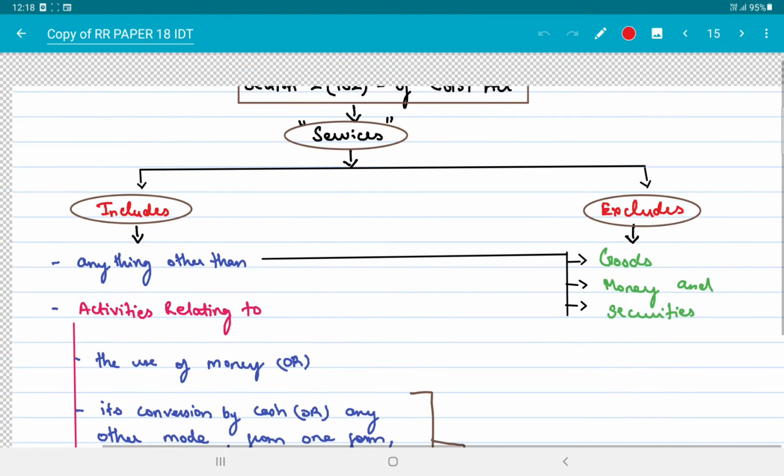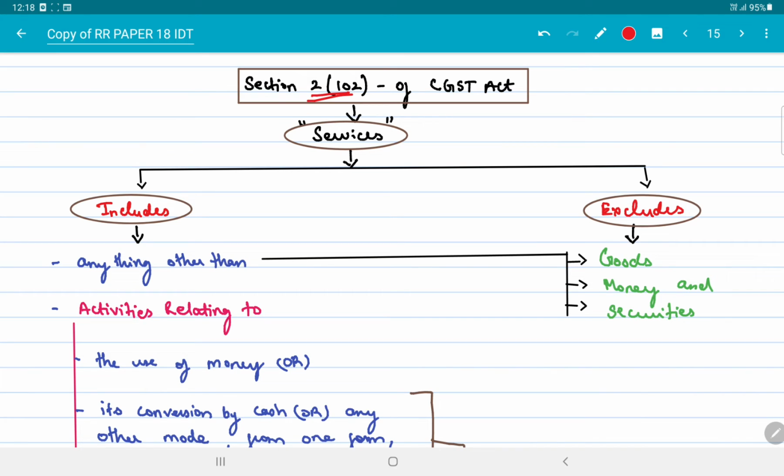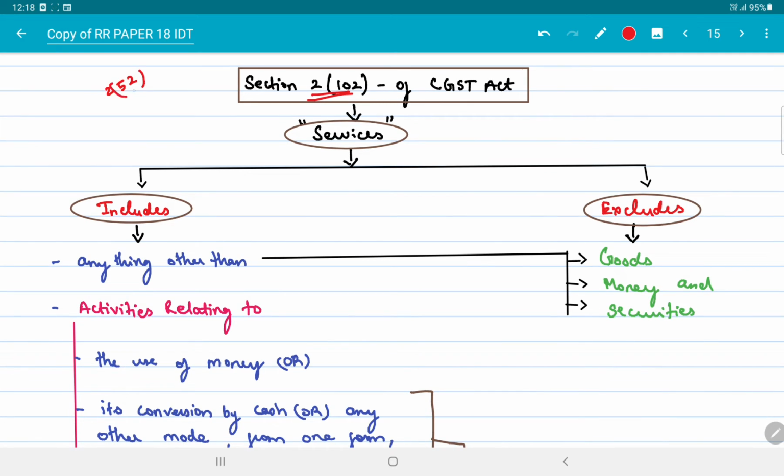Sir, section 2(102) talks about services. 2(52) is goods plus 2(102) is services.